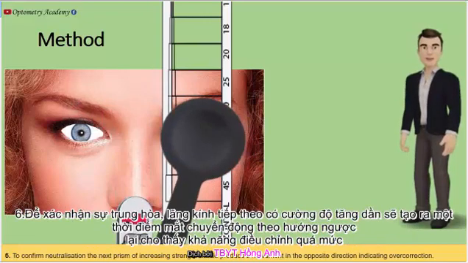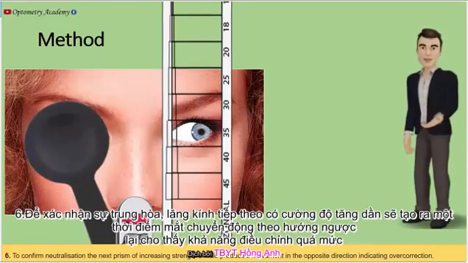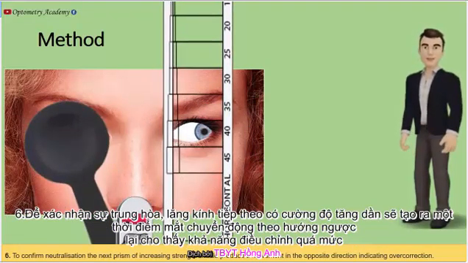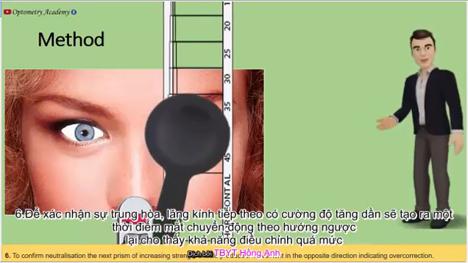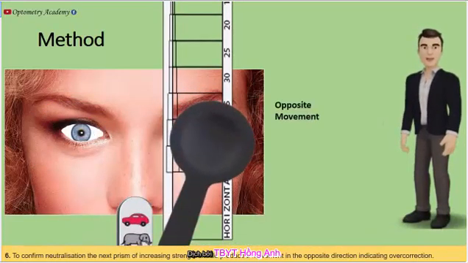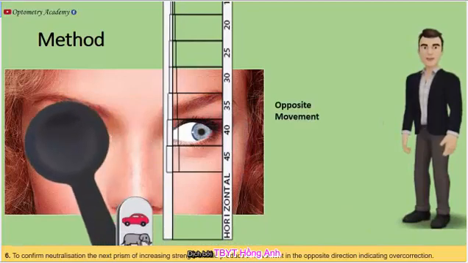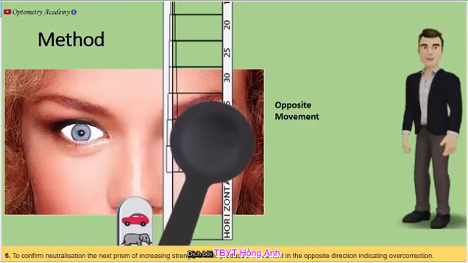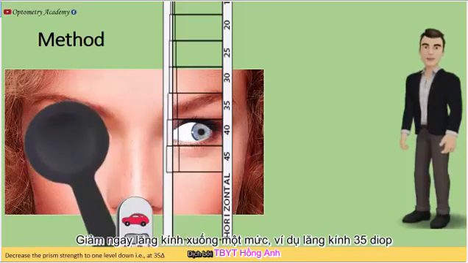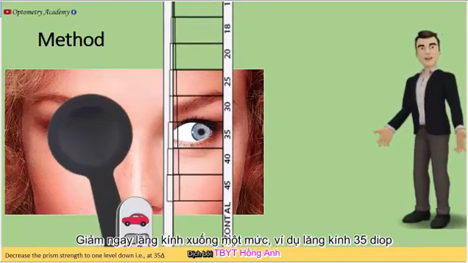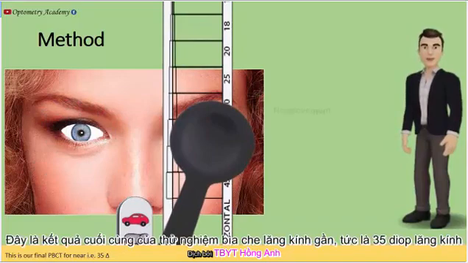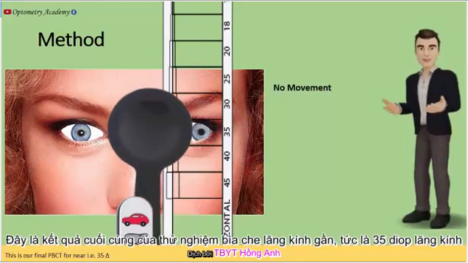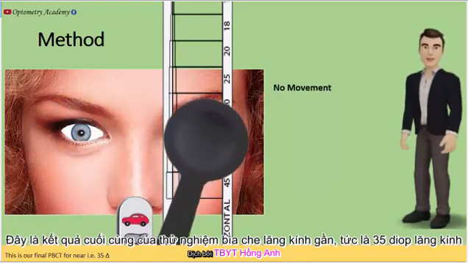To confirm neutralization, the next prism of increasing strength should produce a movement in the opposite direction indicating overcorrection. Decrease the prism strength to one level down, that is at 35 prism. This is our final PBCT for near, that is 35 prism base in.